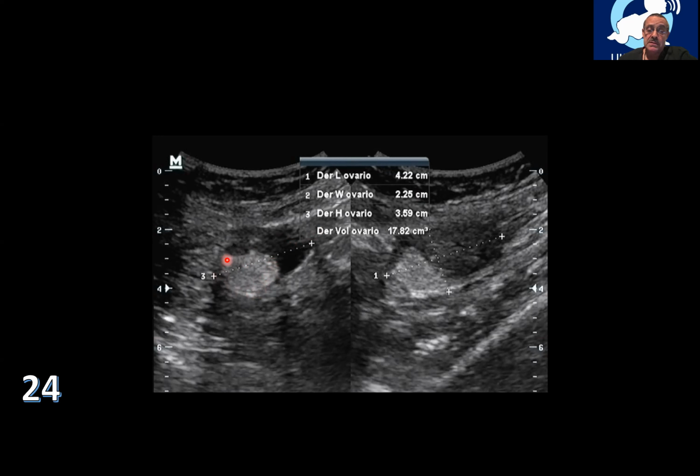This is a small, almost rounded thing, which is highly contrasted with the rest of the ovary. What else could it be if not a teratoma? Former corpus luteum cyst with a lot of hemosiderin inside? I don't think so. This is not about how big or small it is, but how does it look? And it looks like a dermoid cyst, and it was a dermoid cyst or teratoma.